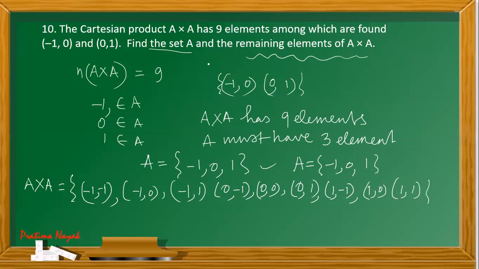So these two are already there, -1, 0 and 0, 1, which are already given. So we won't write these. You have to write the rest of the ordered pairs. So that is the remaining elements of the product of A and A. I hope you have understood.